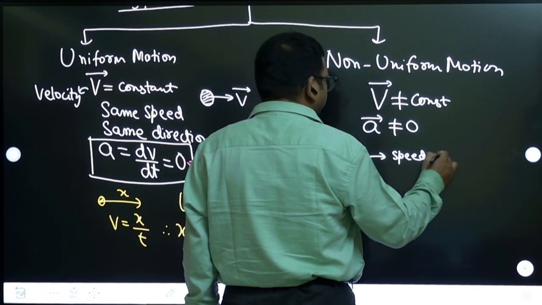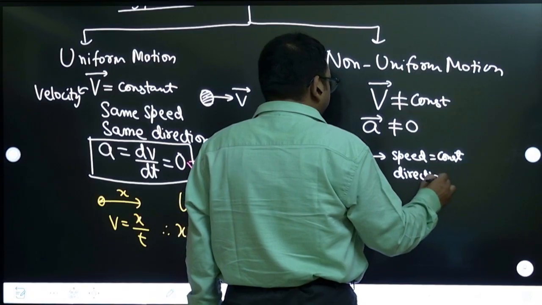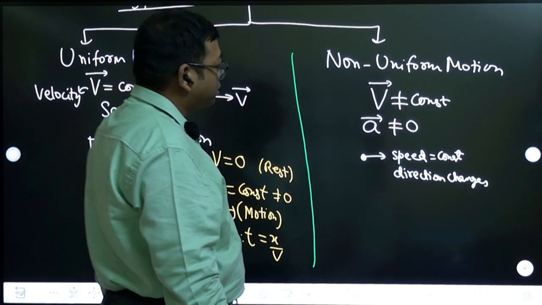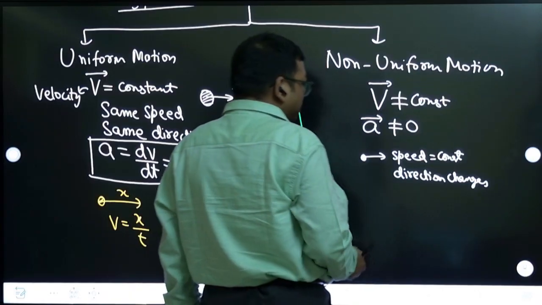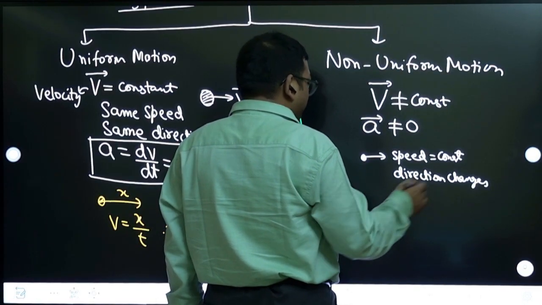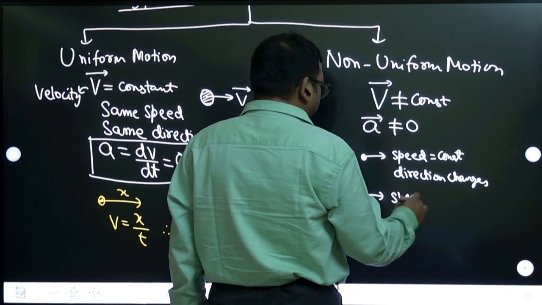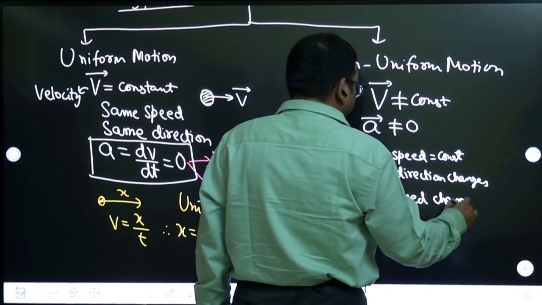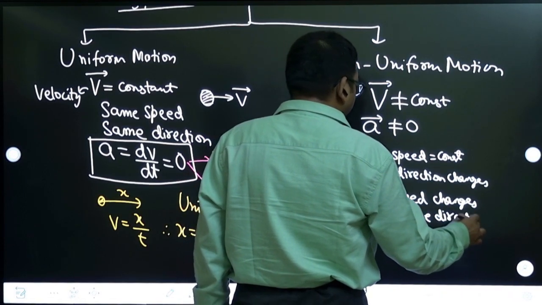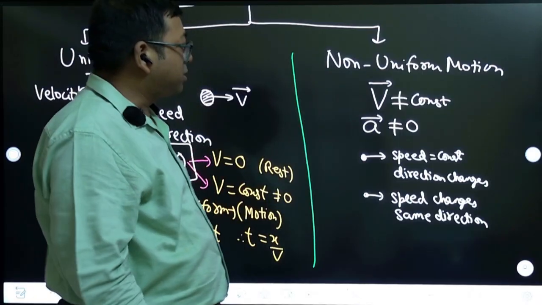Speed remains constant but direction changes. So that means velocity will change. In this case there will be acceleration. Another case can be that direction is same but speed changes. Direction does not change, but speed changes.